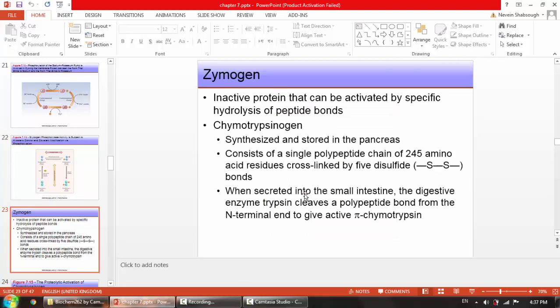Now, zymogens. A zymogen is an inactive protein that can be activated by specific hydrolysis of peptide bonds. The proteolytic enzymes trypsin and chymotrypsin provide a classic example of zymogens and their activation.